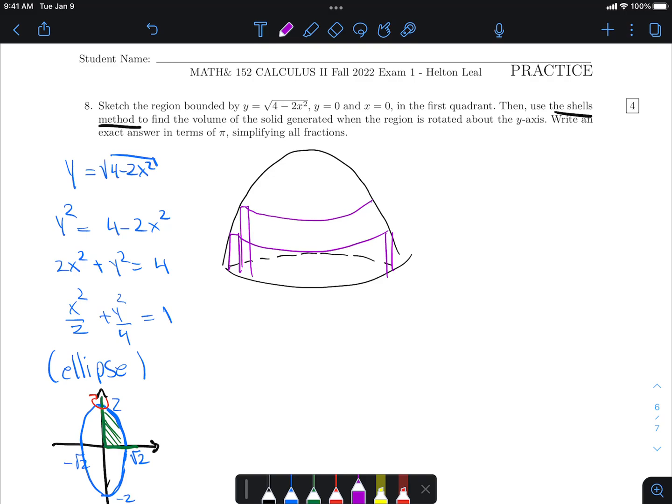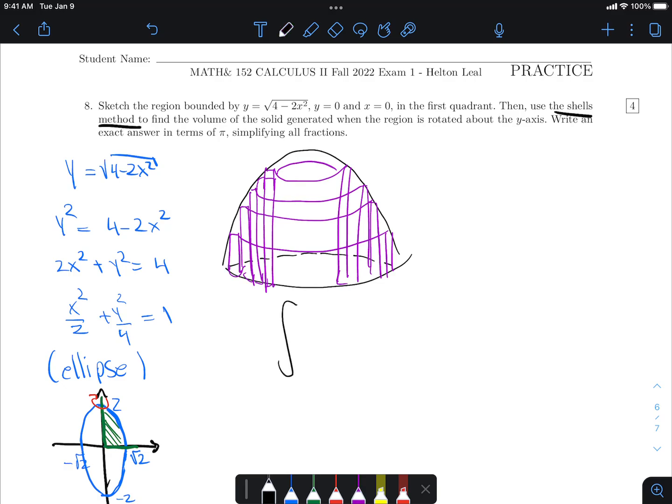All of those are shells that are small and slowly contributing to form the volume of the whole thing. So what we do is we integrate. It could be dy or dx. In this case, it's going to be dx. We integrate the volume of each shell.